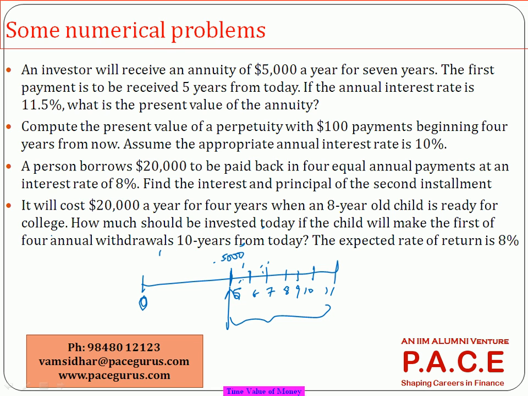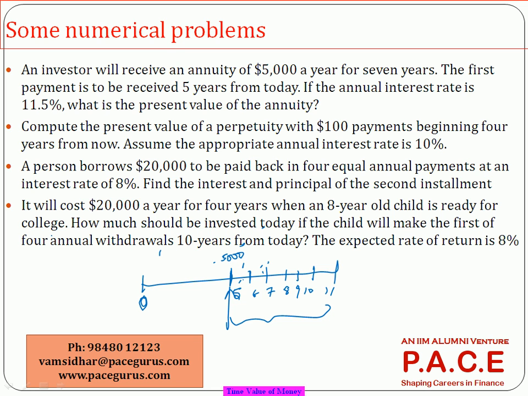The second payment comes after 1 more year. Like that you are getting your 7 payments. So you have to shift yourself to begin mode. PMT is 5,000. Interest rate is 11.5%. N is 7. And you calculate the PV.